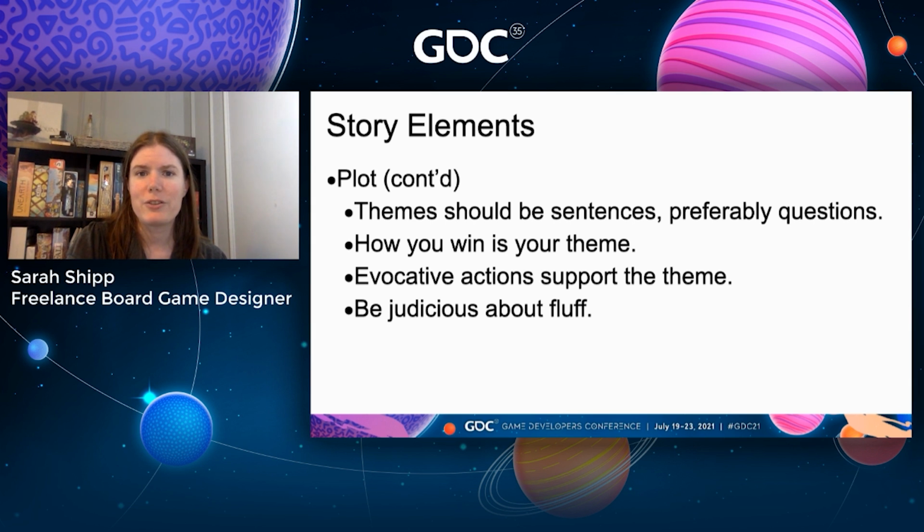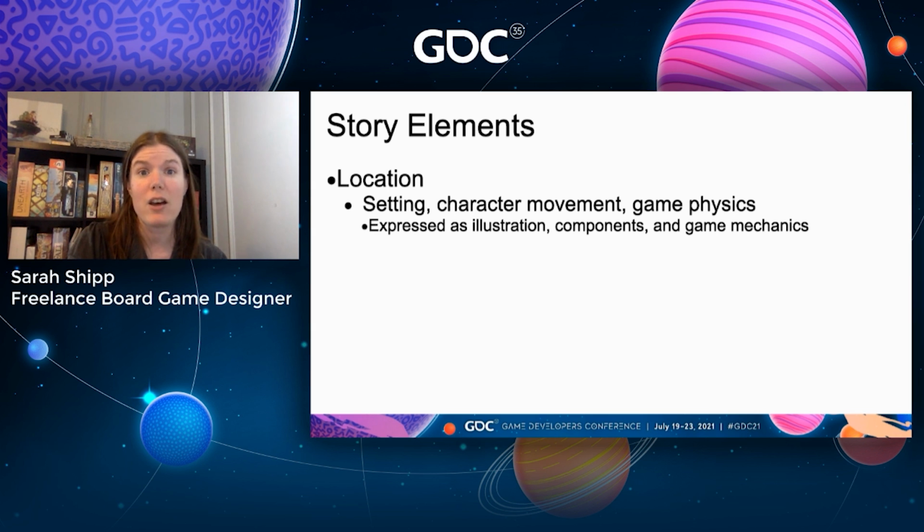Now let's turn to unity of place, which I call location. Location isn't just setting. It's also world physics and character physics. Setting is where an event takes place. World physics is the manifestation of the rules of that world, such as gravity, propulsion, heat, or visibility.